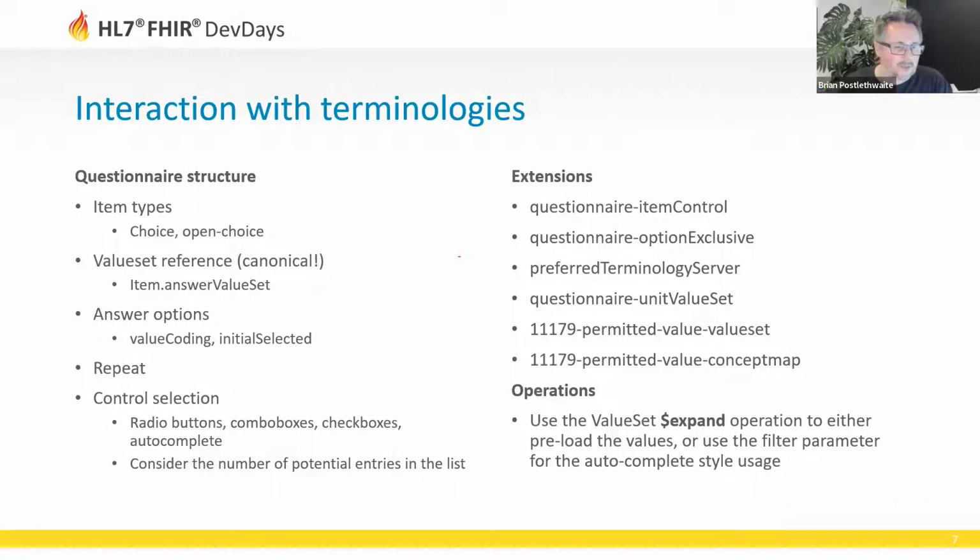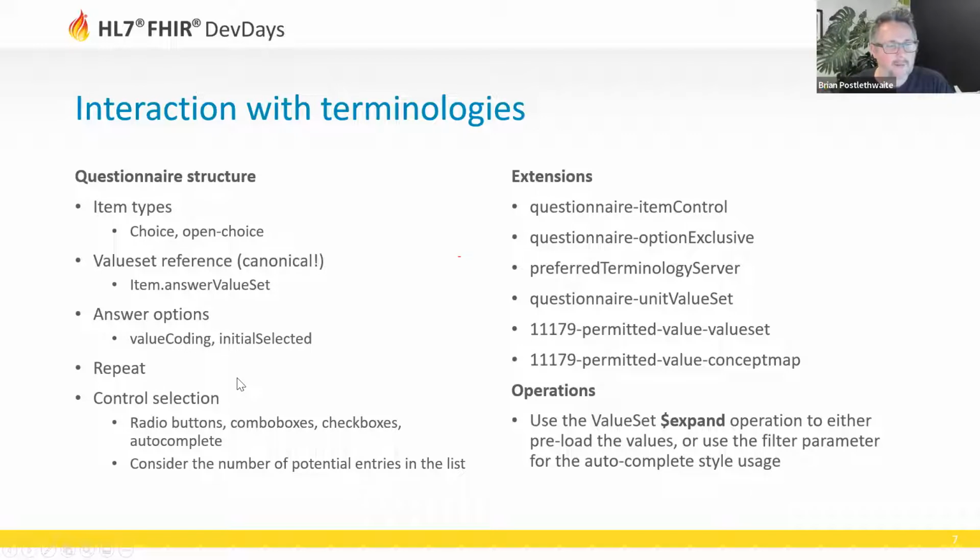And as we touched on there with the choice type, choices are really how we interact with the terminologies. So in that, we've got item types of choice and open choice. And we connect that particular type of question up to the value set through an answer value set, or we can have answer options with value coding.